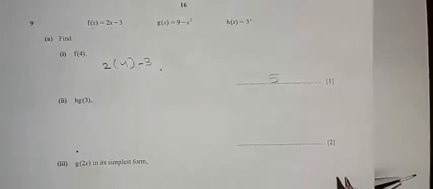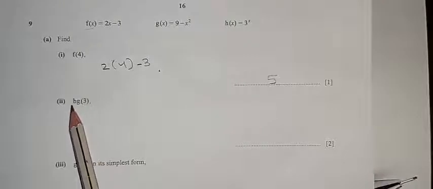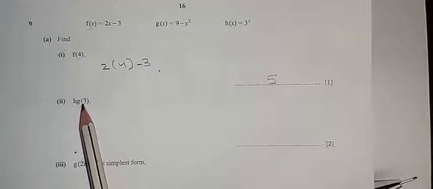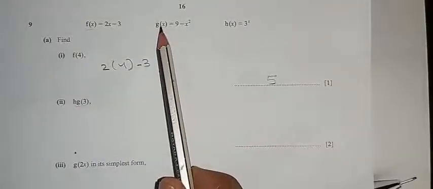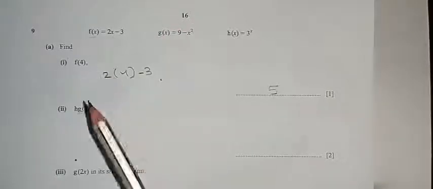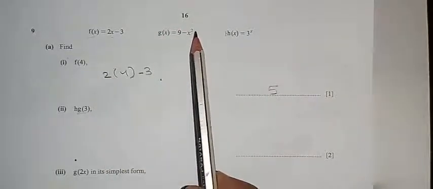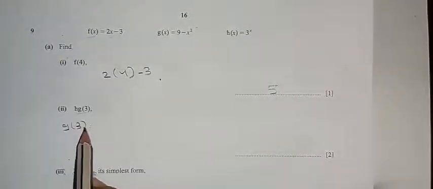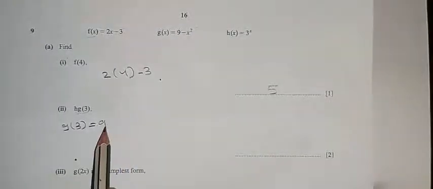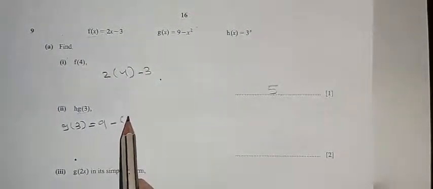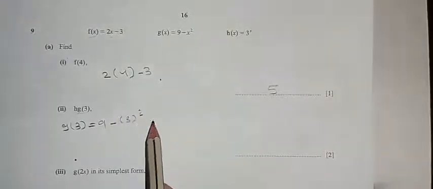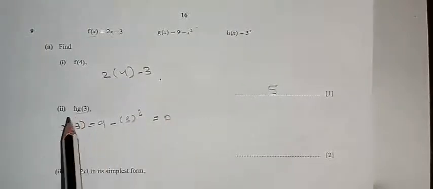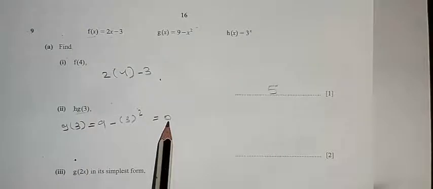hg(3). hg means h after doing g, so we will find g(3) first. g is 9 minus x squared, so if we replace x by 3, g(3) equals 9 minus (3) squared. 3 squared is 9, 9 minus 9 is 0, so we need to find h of 0.